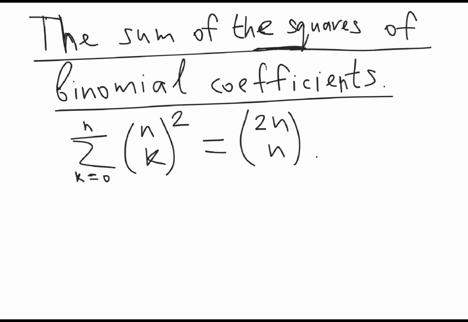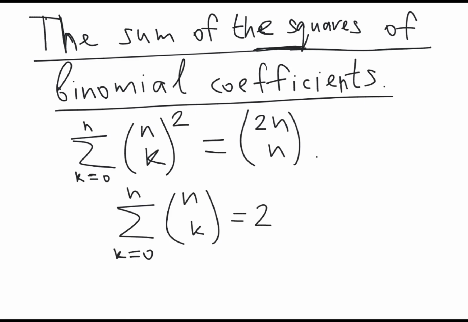To give a little background, in one of the previous videos I showed how to calculate the sum of just the binomial coefficients without the square. I showed that this is equal to 2 to the power n.